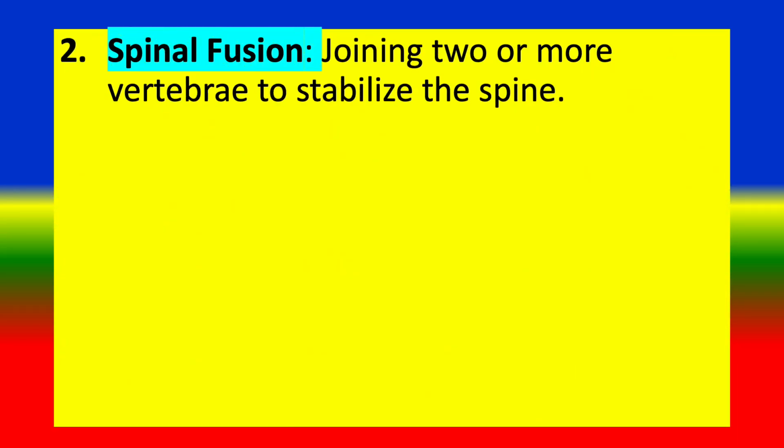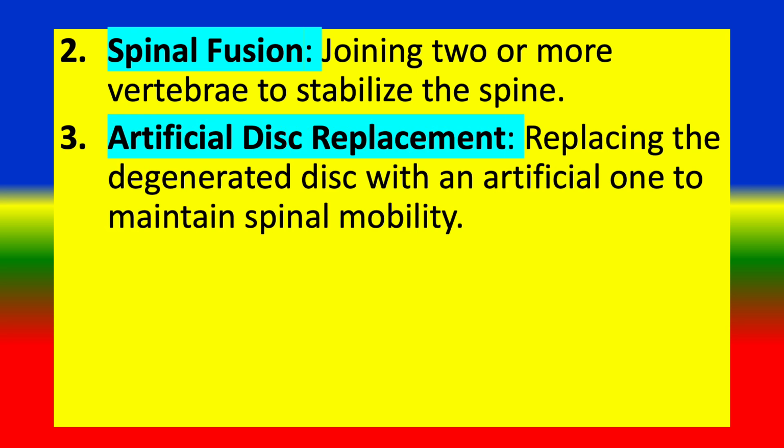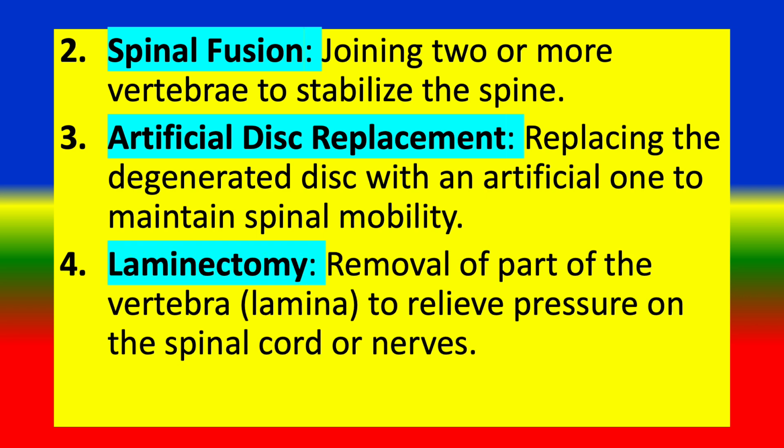Spinal fusion, joining 2 or more vertebrae to stabilize the spine. 3. Artificial disc replacement, replacing the degenerated disc with an artificial one to maintain spinal mobility.